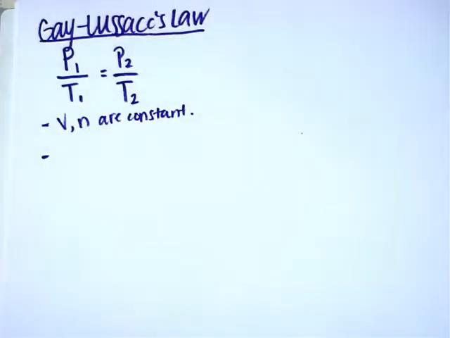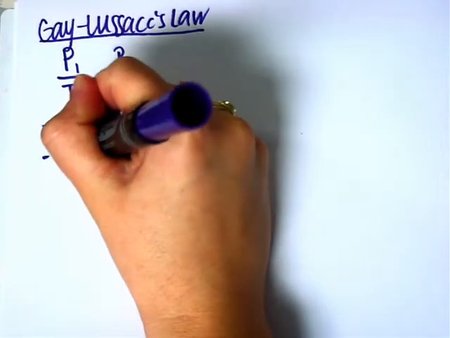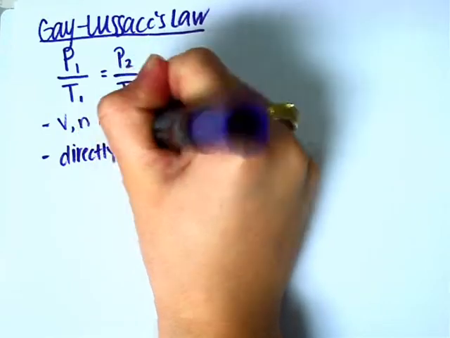So do we think we have a direct or inverse relationship? I think it's going to be direct, because it looks kind of like Charles' law. We have division in there, we have fractions, so it's going to be directly related.